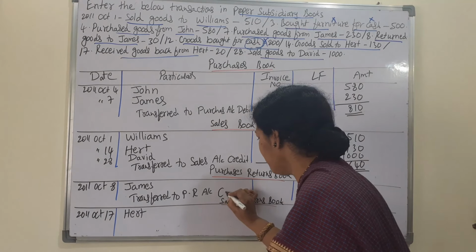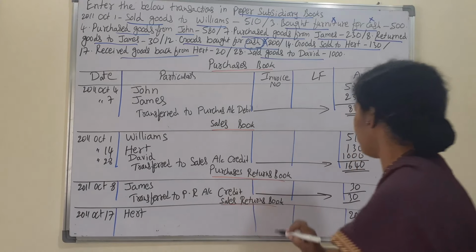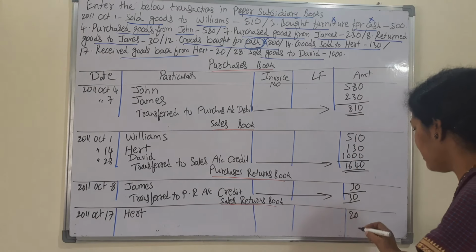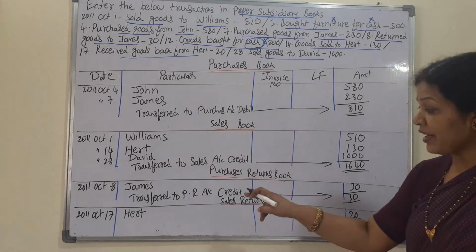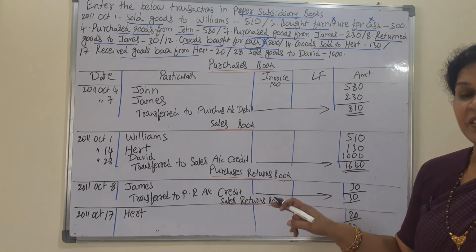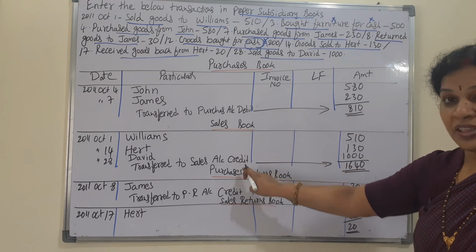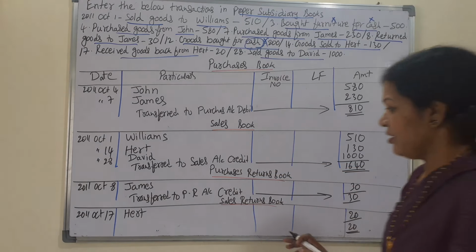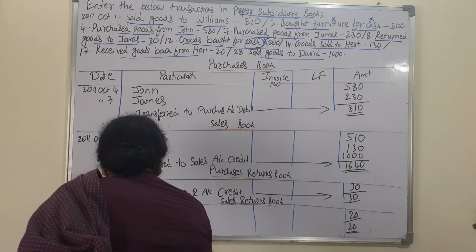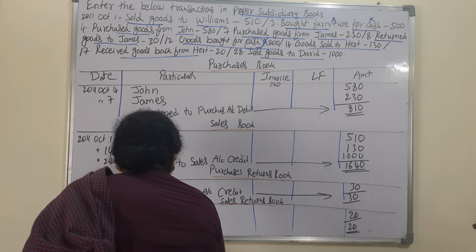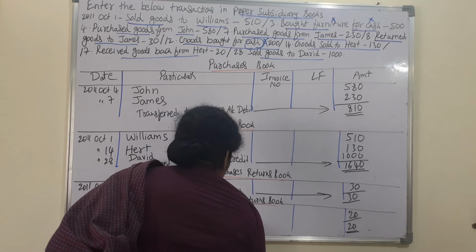Purchase returns account credit. In the same way, sales returns amount is 20 rupees. Sales is credit, right? Now sales returns will be debit. Transferred to sales returns account, debit.